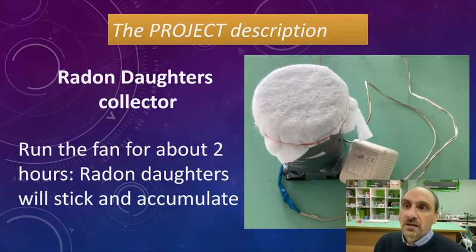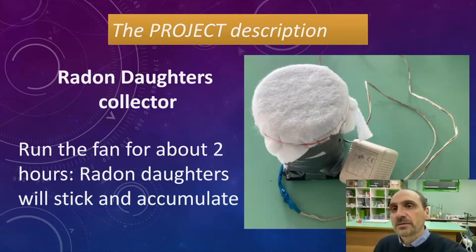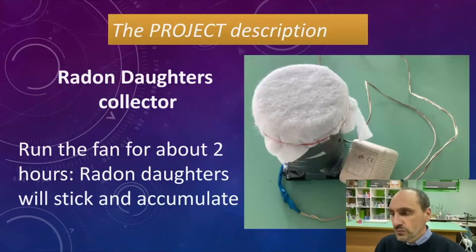So for example, I can run this radon collector for 2 hours here in my lab, and then measure with the ion chamber, and then go in the basement and for 2 hours collect radon daughters, and then measure with the ionization chamber.